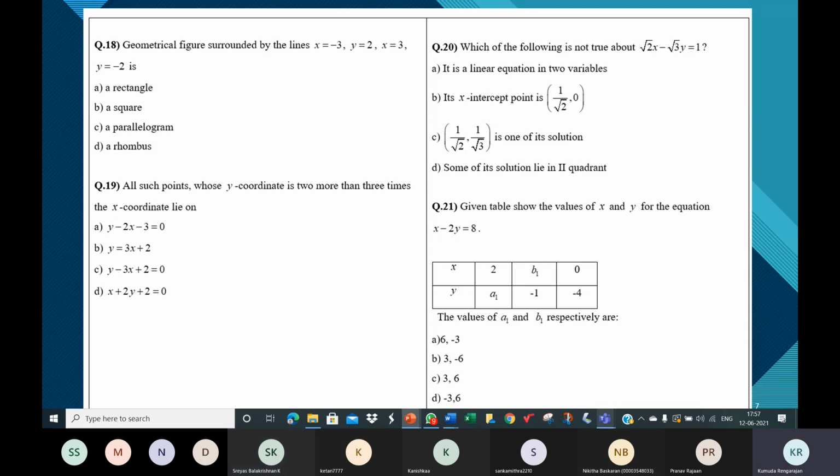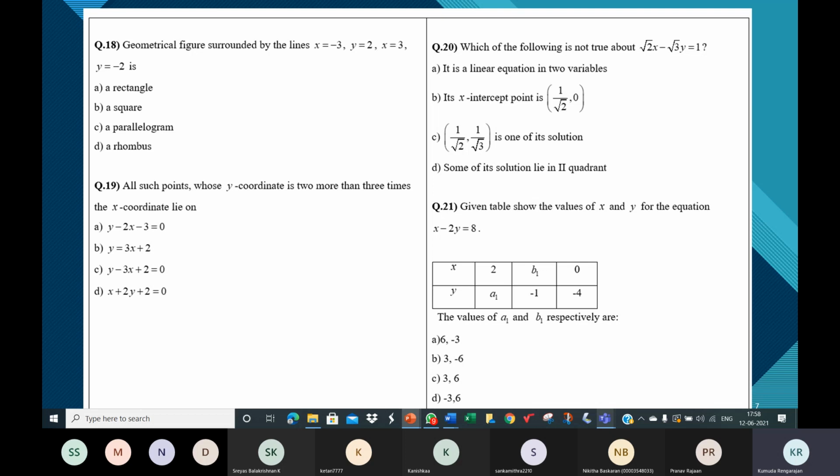X is equal to -3 will be a line parallel to the y-axis. Okay, how about getting the description? Yes, let's start. Describe this equation: x is equal to -3.